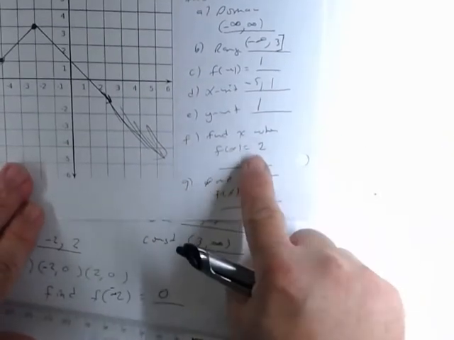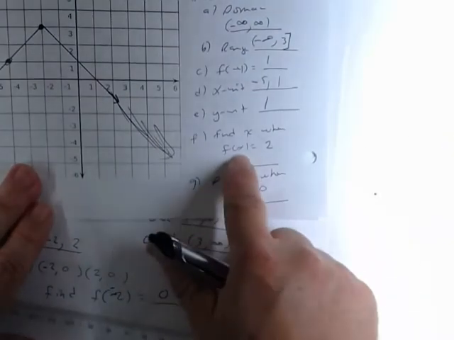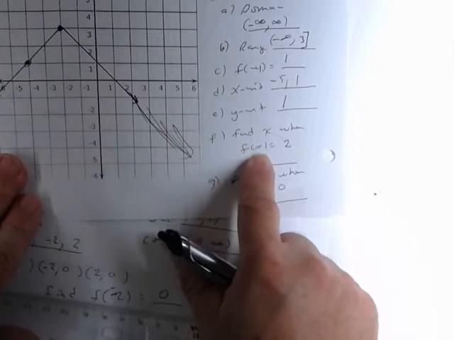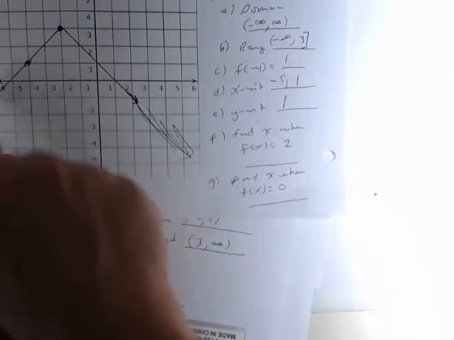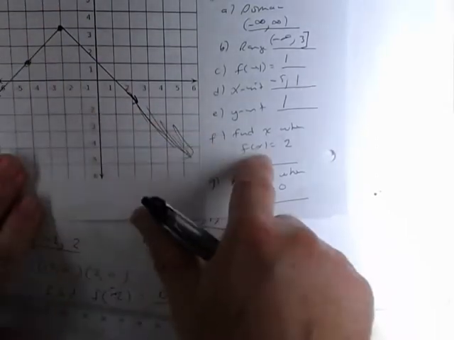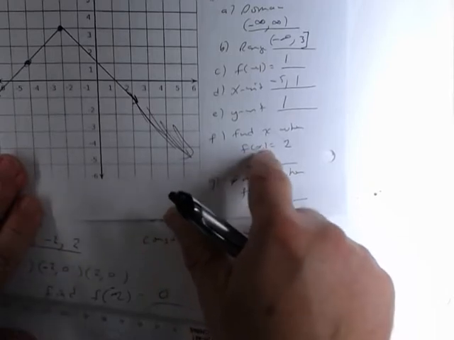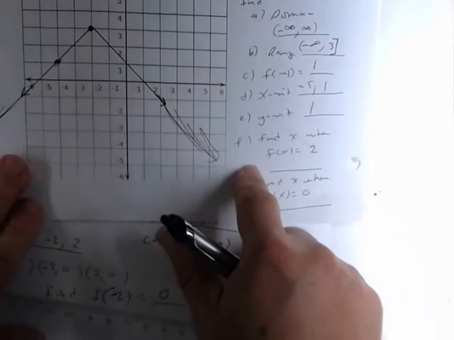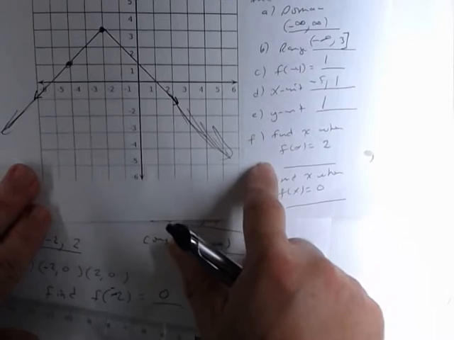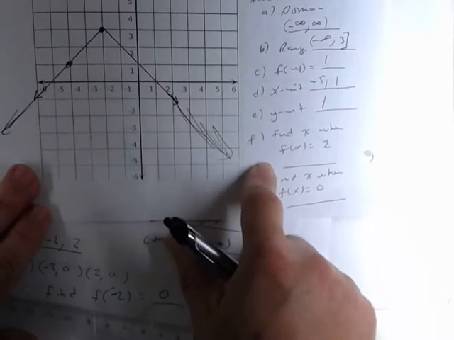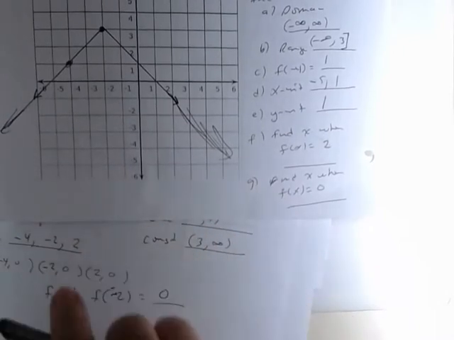Okay, let's talk about this now. Find x when, remember, f of x means what? Y. So you got to figure out what point do I get a y value of what? 2. How many are there, do you think? 2. Yeah, there are 2 of them, right? Now see that?